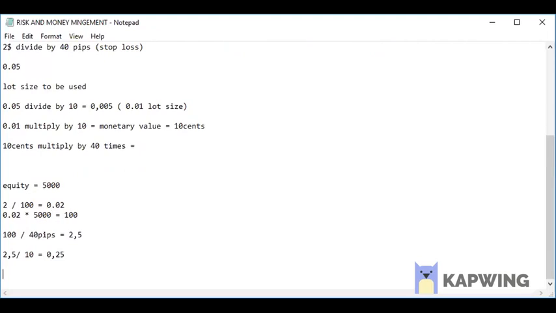If you lose 0.25 in monetary value, we times that by 10, we see that it's $2.50, right? So if you lose 40 times, it's not your whole account.